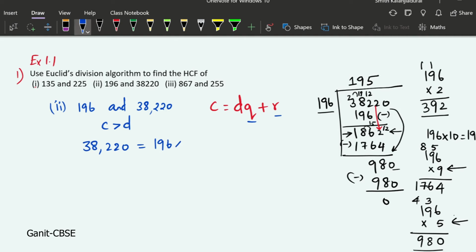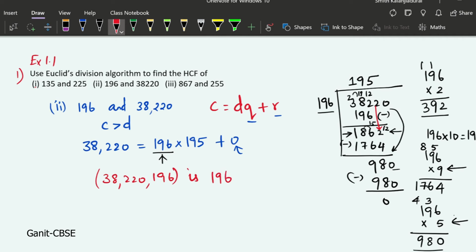So now we can write 196 times 195 plus 0. When we get the remainder as 0, we can decide the HCF in that step, which is 196. So the HCF of 38,220 and 196 is 196.